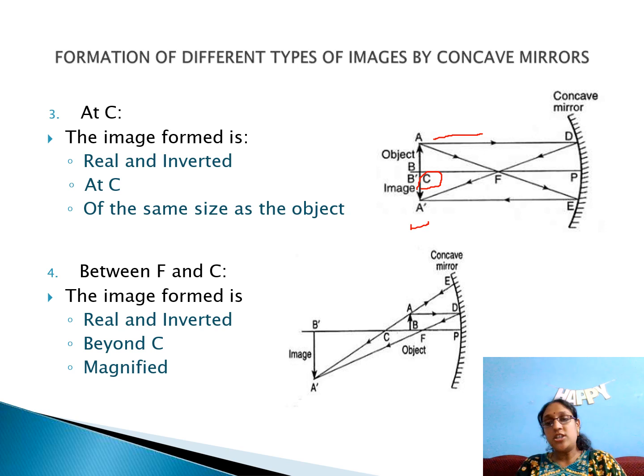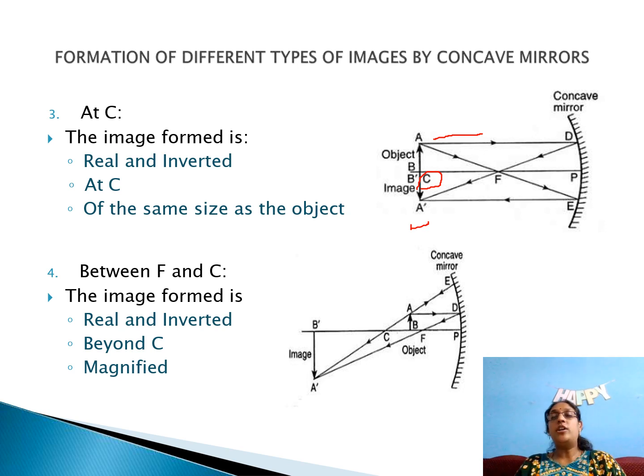So when it goes, you can get the image A prime, B prime. Whenever it goes to the center of curvature, it retraces its path. Whenever it passes through the focus, the reflected ray will be parallel to your principal axis.